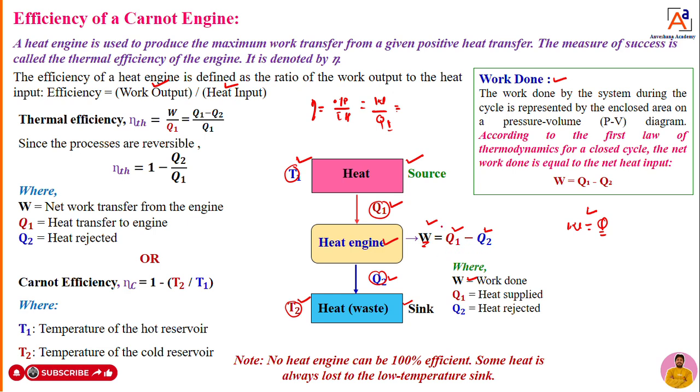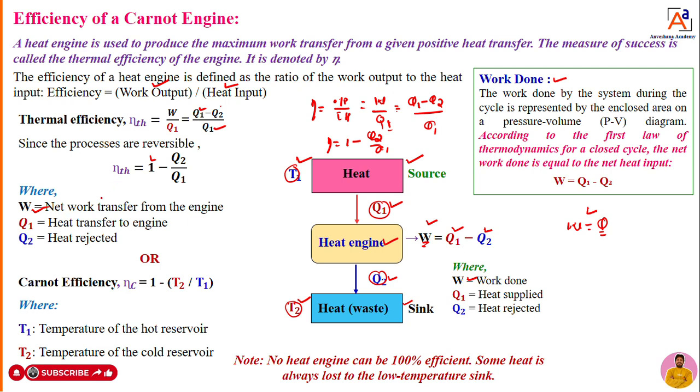W is equal to Q1 minus Q2, so efficiency is equal to Q1 minus Q2 divided by Q1. Then efficiency is equal to 1 minus Q2 divided by Q1, where W is the net work transfer by the engine, Q1 is the heat supplied to the engine, and Q2 is the heat rejected by the engine.